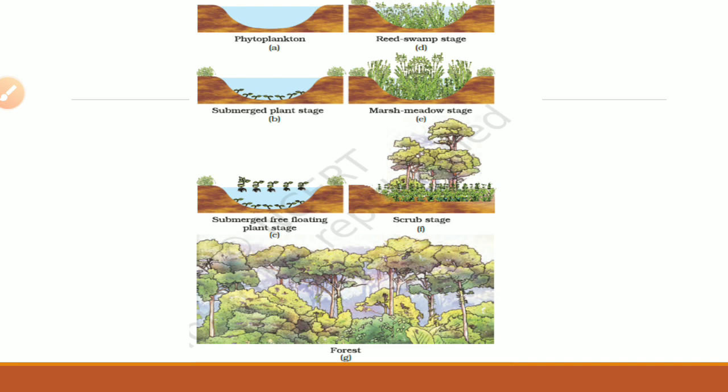These stages are in sequential manner, and that can be asked in exam. The fifth stage is the marsh meadow stage, and the last stage after that is forest. This is called climax community. That forest we see in diagram G. It is a mesic condition and it is the climax community.